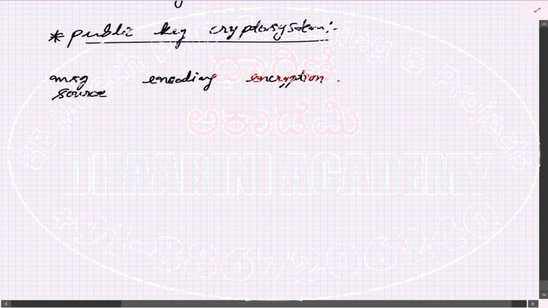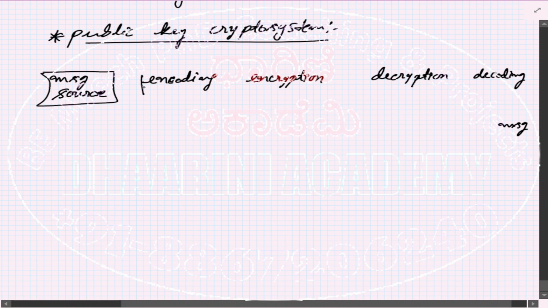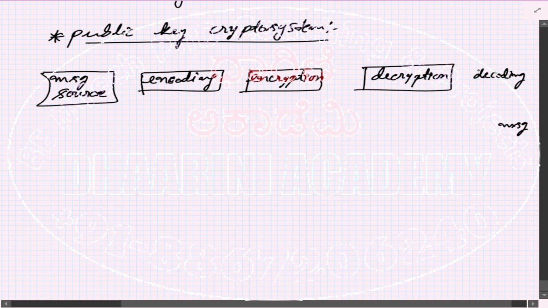Then the message will be sent after this in the cipher format. So you have decryption happening on the other side, then we have decoding. At a later stage, I get the message back. These are the blocks of our system: encoding, encryption, decryption, decoding and a message.